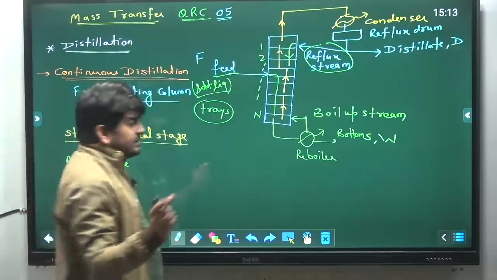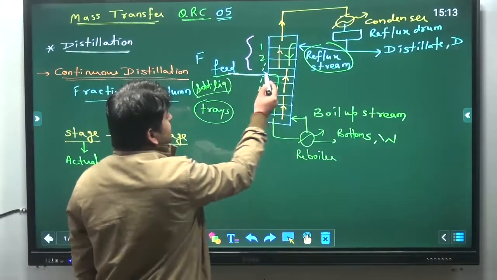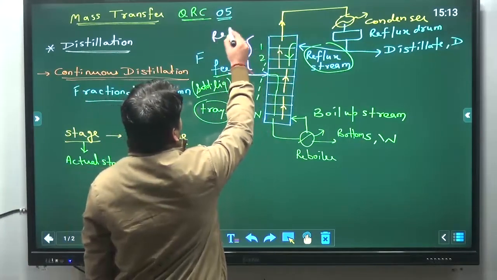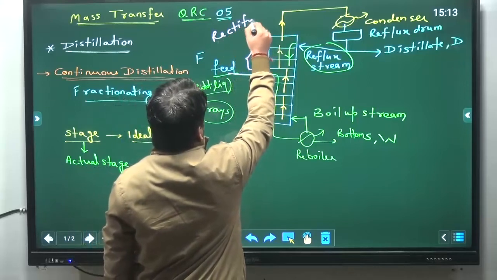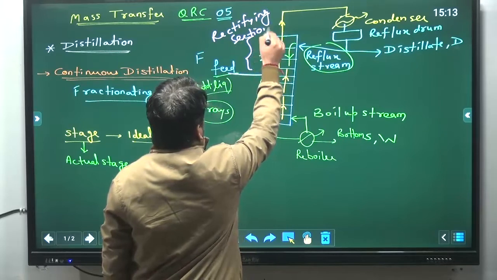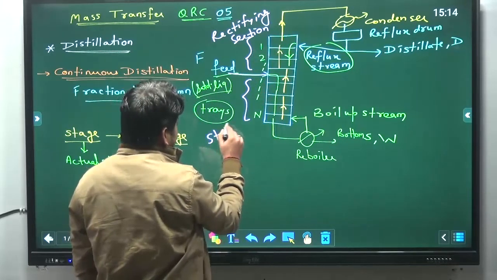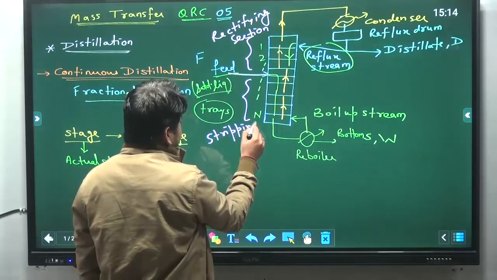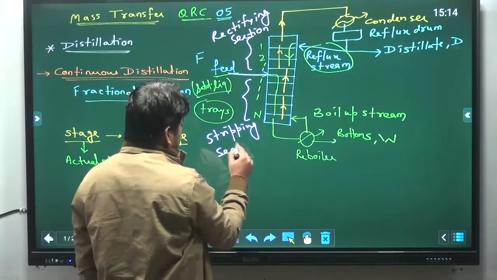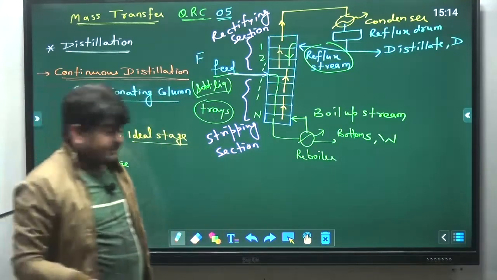Here, the section of the column above the feed is called the rectifying section, and the section below the feed is called the stripping section. And why?